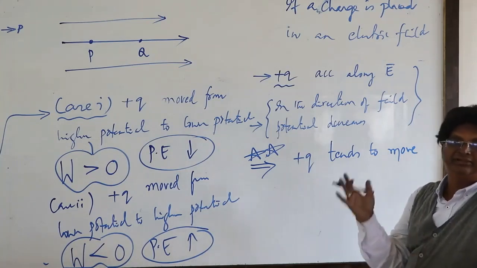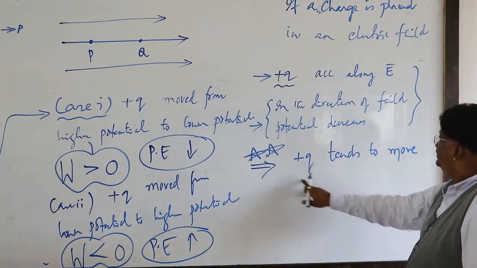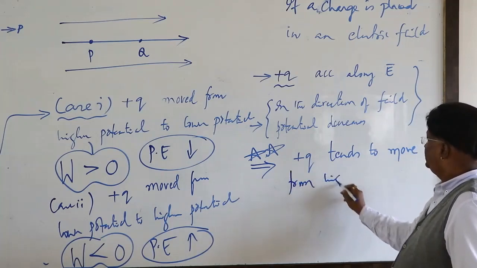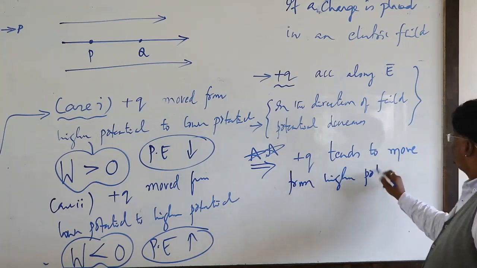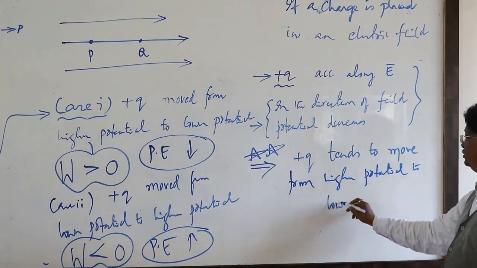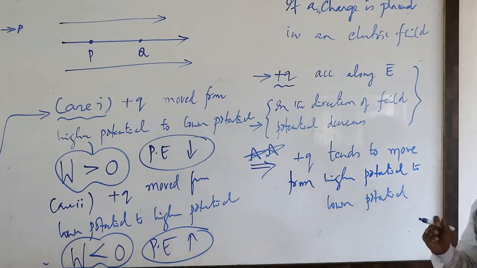The field does that work, no external agency. Remember? So this plus Q tends to move from higher potential to lower potential. This is the natural direction for a positive charge.